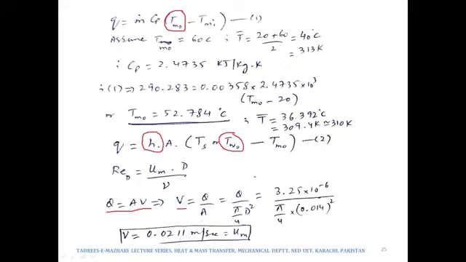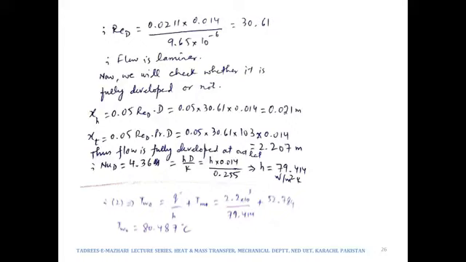Now we will check whether the flow is fully developed or not, because if the flow is fully developed, then there is no expression of Nusselt number, rather there are values of Nusselt number. Whereas if the flow is not in the fully developed region, it is in the entrance region, then there are expressions of Nusselt number that we must use.